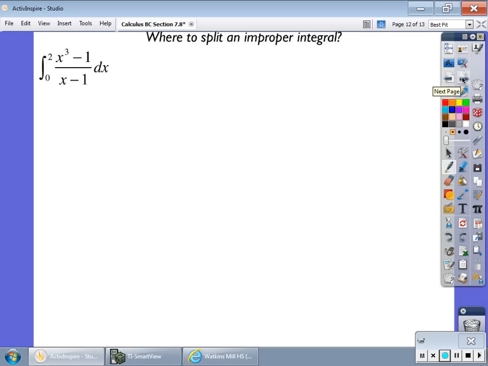Okay, another one. You might look at this and say, well, Mr. Chapman, we have 0 to 2, that's good to go, but if we substitute 1 here, which is definitely in that interval, there's a discontinuity. In fact, this is actually a hole. So this is equal to the integral from 0 to 1, and I'm going to go ahead and factor that into x minus 1 times x squared plus x plus 1, difference of cubes.